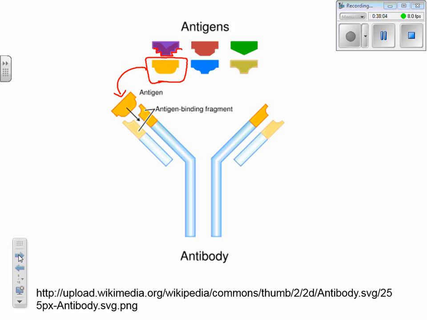The green one has got a triangular pointed shape, that won't fit in. So an antibody is produced in response to an antigen. We have to have cells that take in the antigen-bearing material and produce antibodies in response, and that's really what some of the lymphocytes are up to.